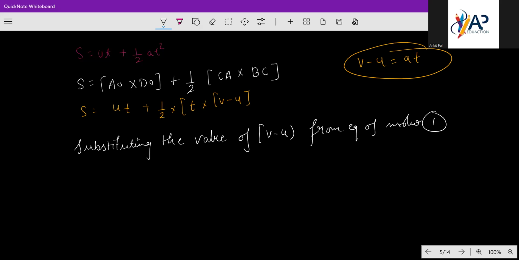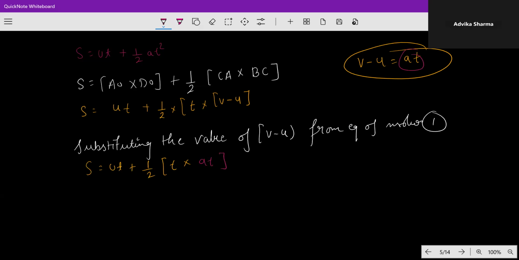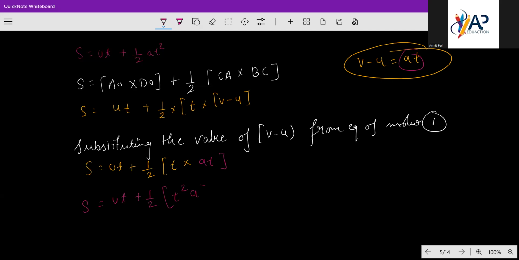Now s equals ut plus half into t into at, which is t square into a. So it looks like s equals ut plus half at square. Hence proved.